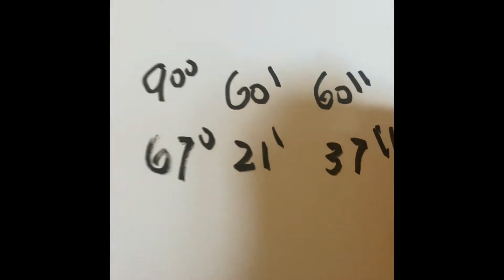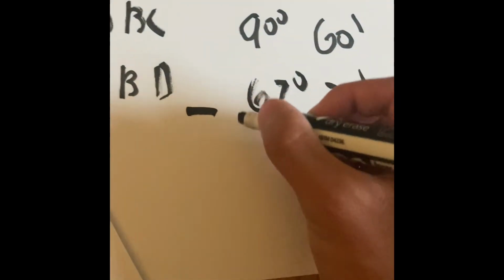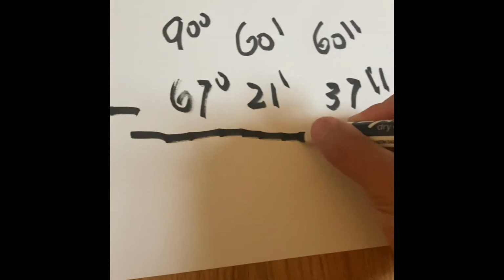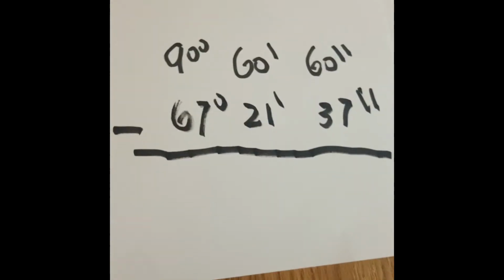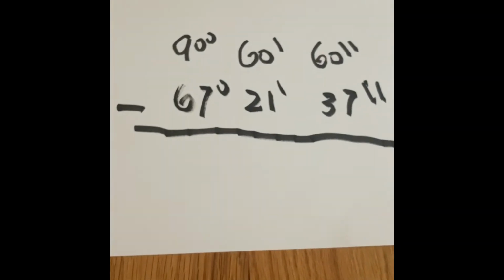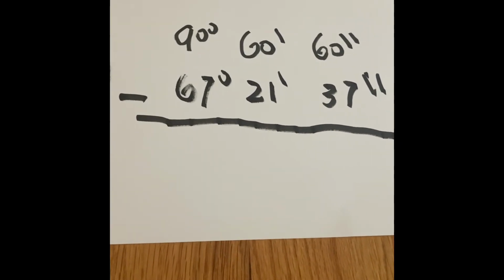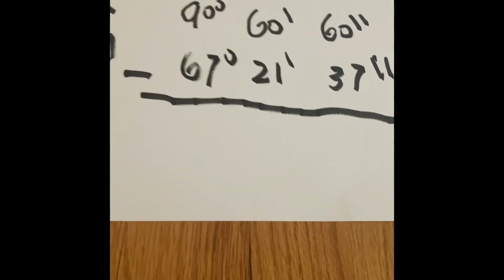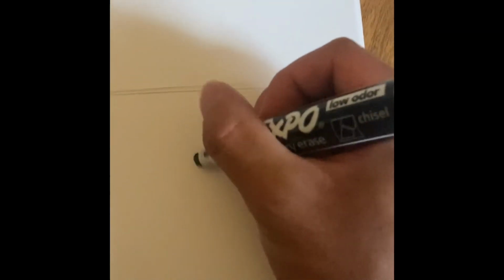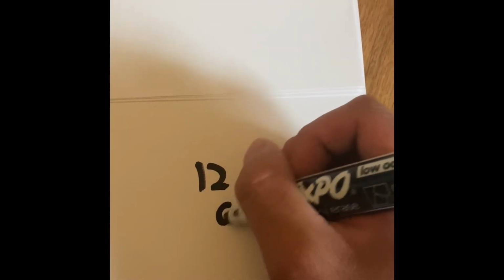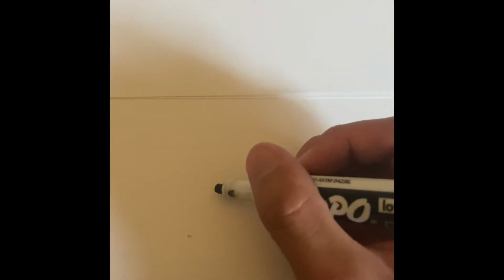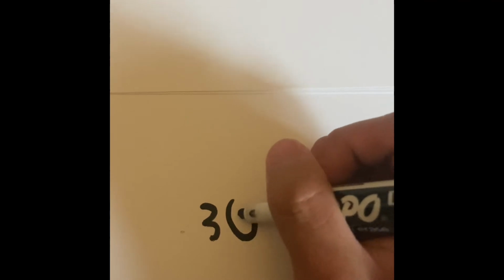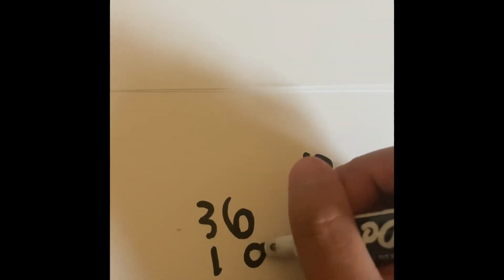So now we have to subtract the two. The way we subtract the two is very similar to the subtraction algorithm. Do you remember in your younger years of mathematics where you had to subtract 12 by 9, or 36 by 19?